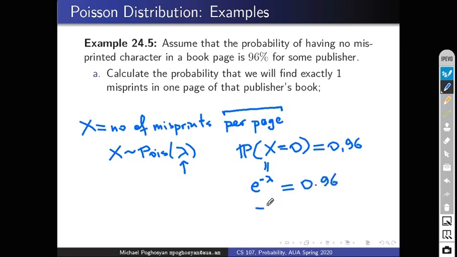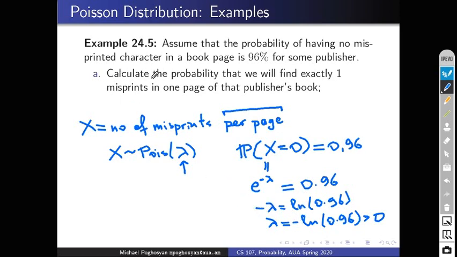Hence minus lambda is the logarithm of 0.96, and hence lambda is minus logarithm 0.96. Because the logarithm is a negative number, minus that negative will give positive. So lambda is positive, of course. So we have that lambda.